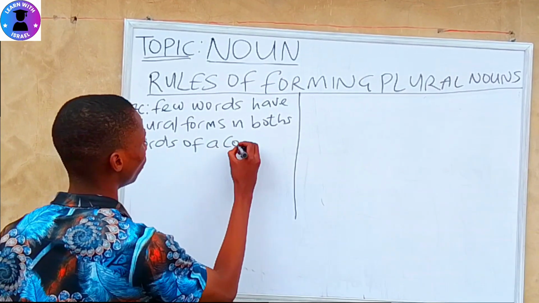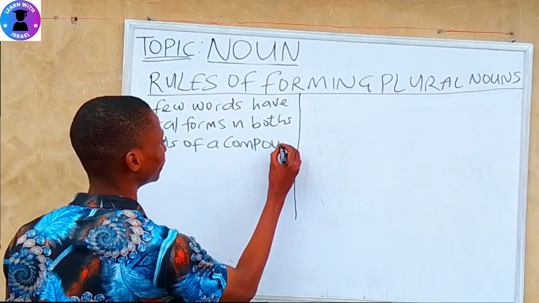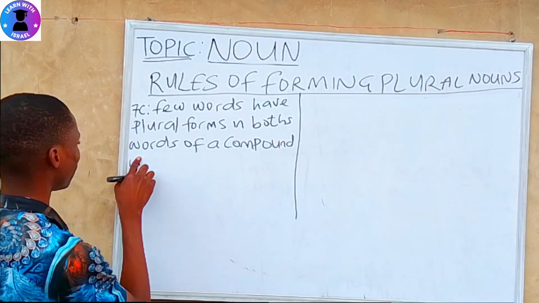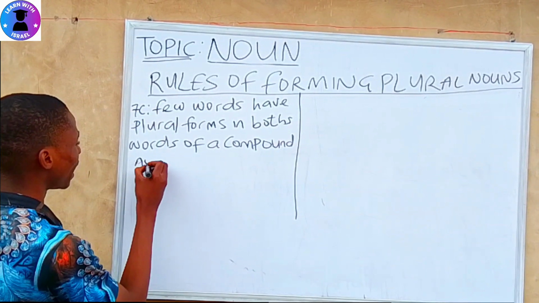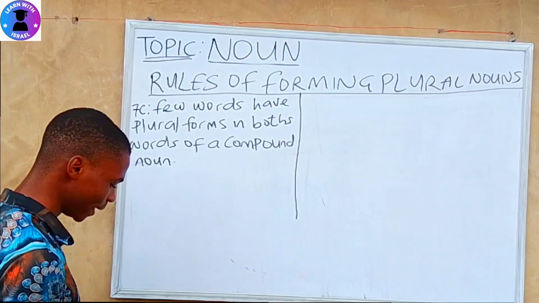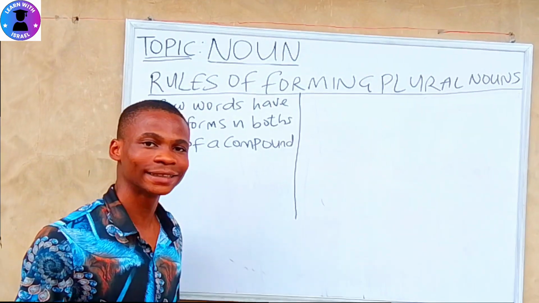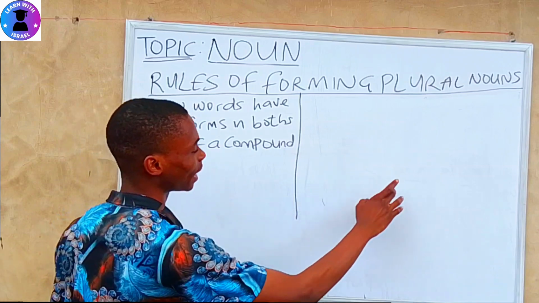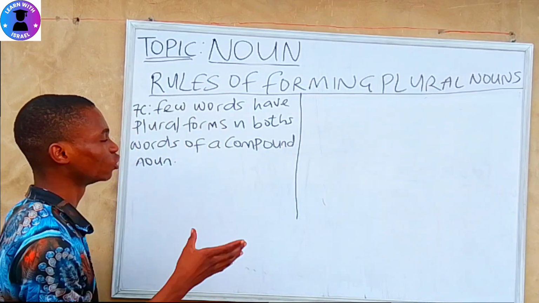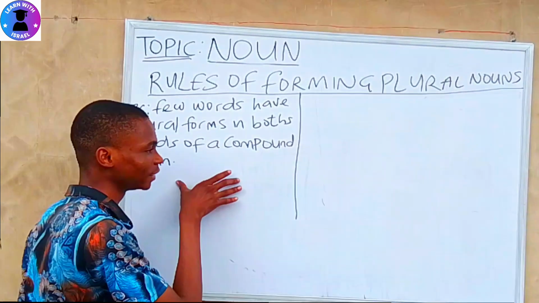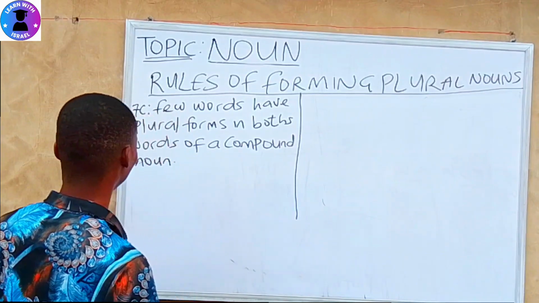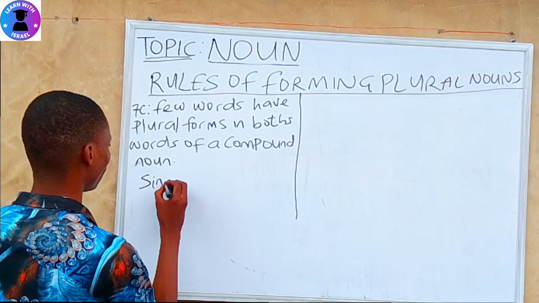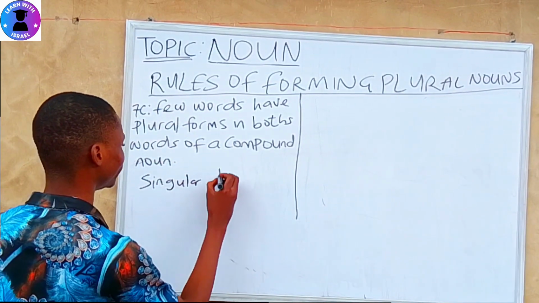What this means is that for this type of compound noun, for 7C, you know 7A, you are going to pluralize the first word. For 7B, you are going to pluralize the second word. But for 7C, we are going to pluralize both the first and the second. So let's write out the example.